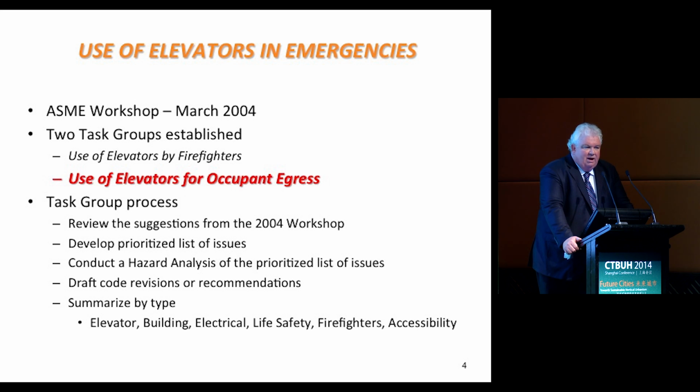These were all sorted by the various types, primarily elevator, but there were also many building code proposals that came out of it, life safety, electrical, and also training recommendations for firefighters, and we also addressed accessibility issues.